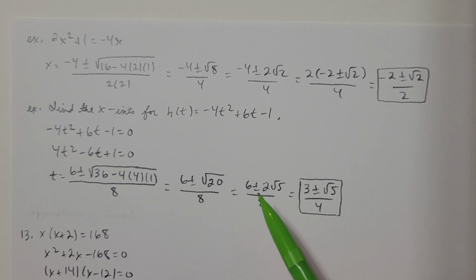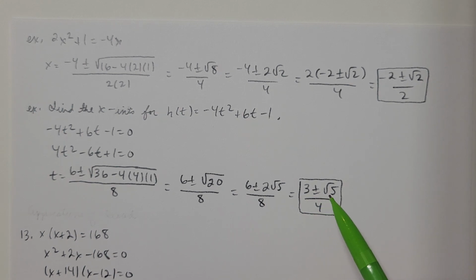If I factor out a 2 from these two terms, 2 times 3 is 6 and 2 times root 5 is 2 root 5. I'm going to cancel that 2 with part of the 8 in the denominator. 2 over 8 is 1/4. So my answer would be 3 plus or minus root 5 all over 4.